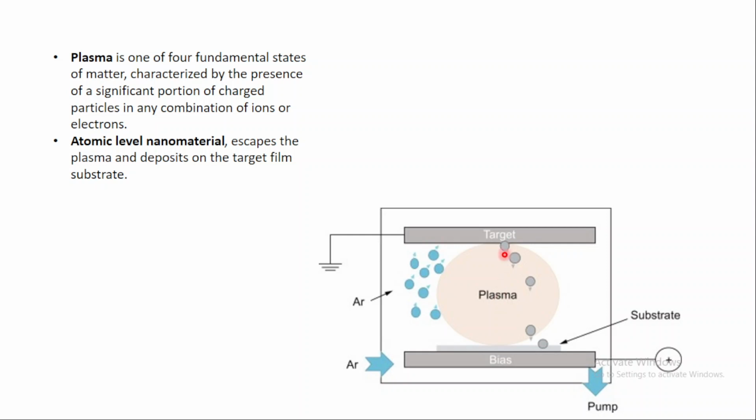Target nanoparticles, the metal which is being targeted, will occupy this space, and there are some other charged molecules in an inert atmosphere. Only when this plasma state is saturated will the nanoparticle escape the plasma state and deposit on the substrate. So statement B is also true.